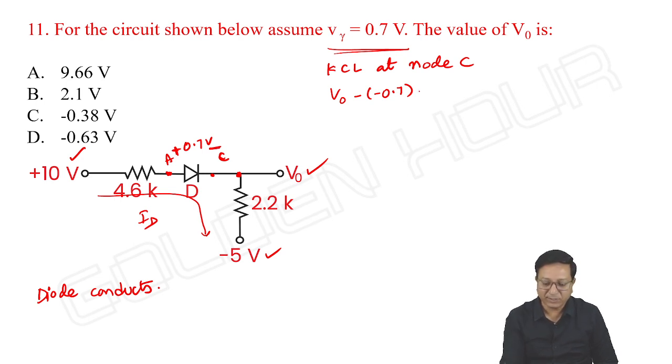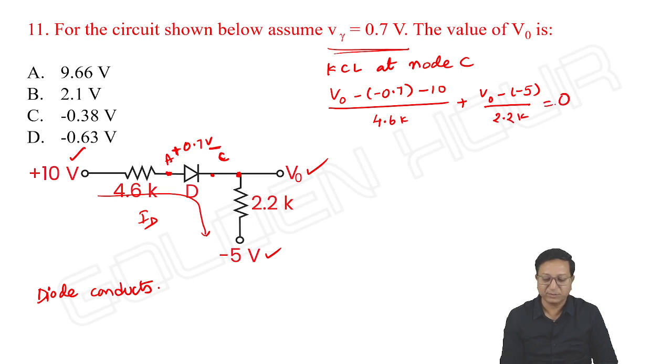That's why. Next, minus 10 by 4.6K plus V output minus of minus 5 by 2.2 kilo ohm is equal to 0. Now we can easily rearrange the things and do it.